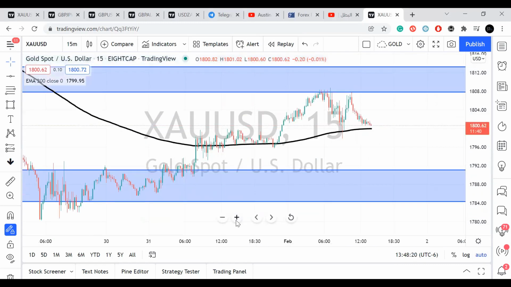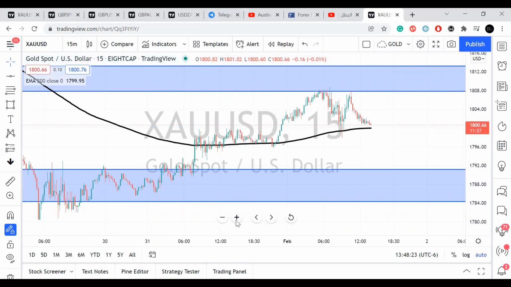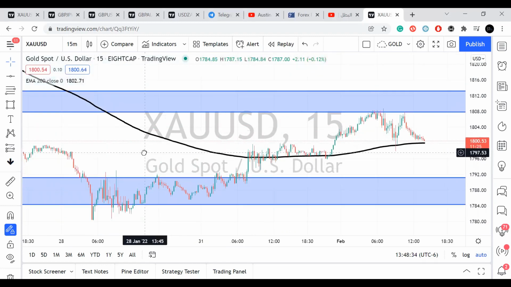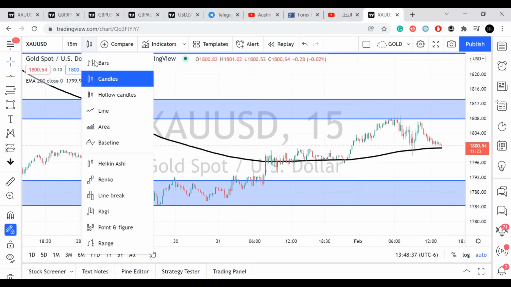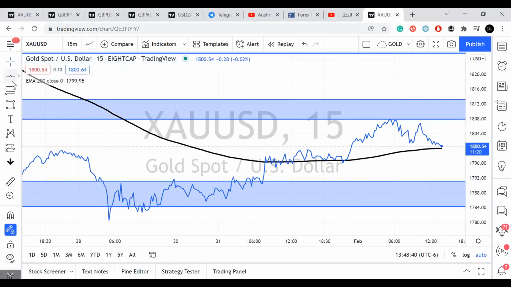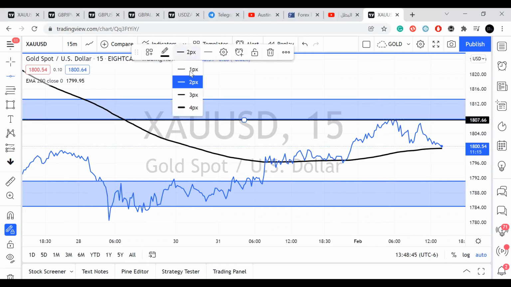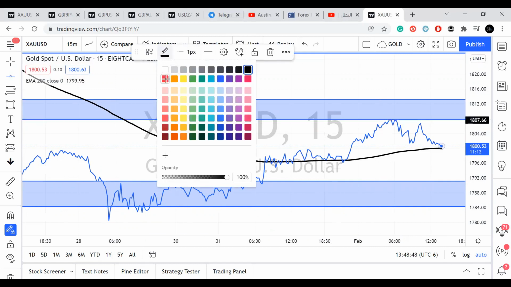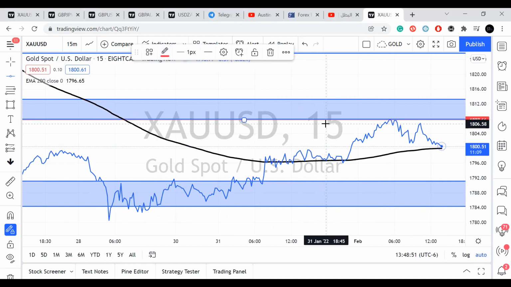In the 15 minutes chart, we're going to mark out all our take profits. So I'll change this thing to line chart. Change the color to red. So this is a TP. Now I'll have to just mark out all of the resistance now turning support.